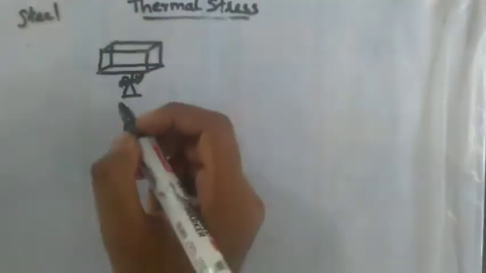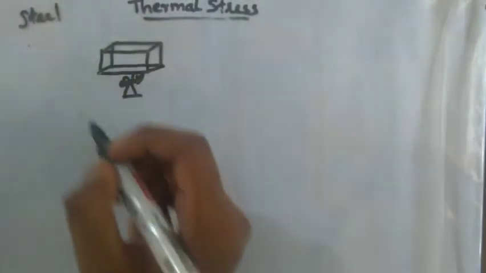It can be any material, but I'm just taking steel as an example. We are heating up this material. It has no constraints in both the directions, so there will be no stress induced if we apply temperature. If you apply heat, there will be a change in temperature.